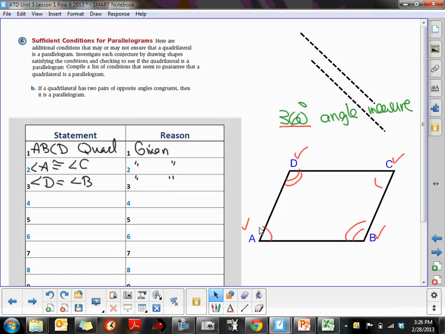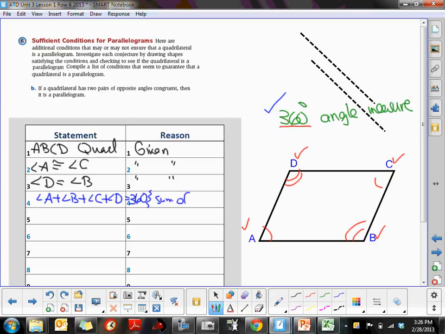Now we're going to use the fact that we can take the angle A plus the angle B, plus the angle C, plus the angle D, and they will always add up to 360 degrees because the sum of the interior angles of a quadrilateral is 360, the point that I just made prior to this. So the sum of the angles of a quadrilateral is always 360 degrees.